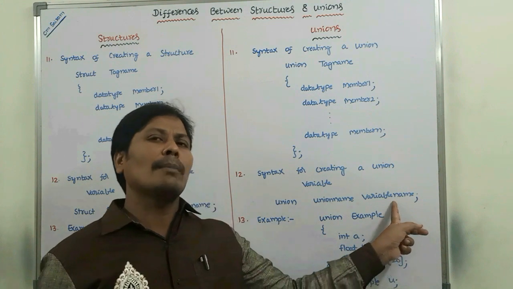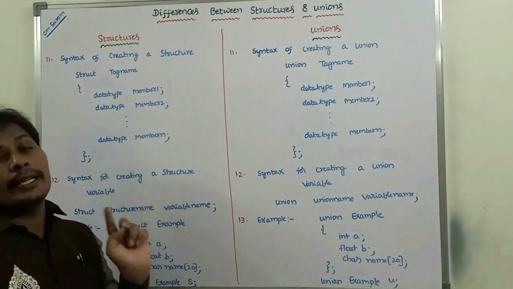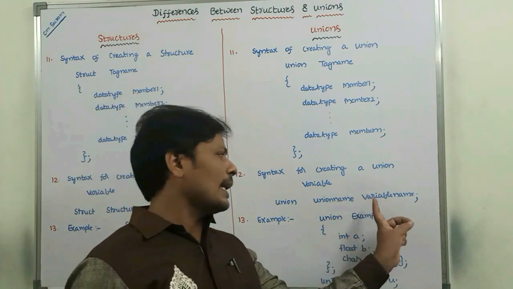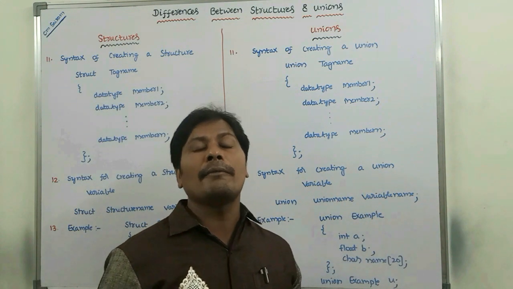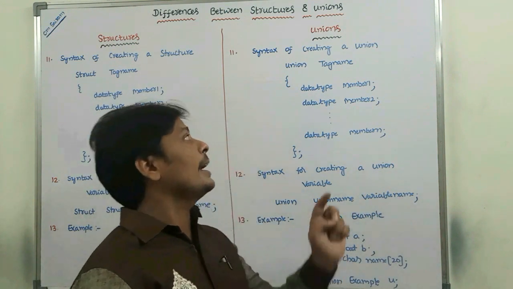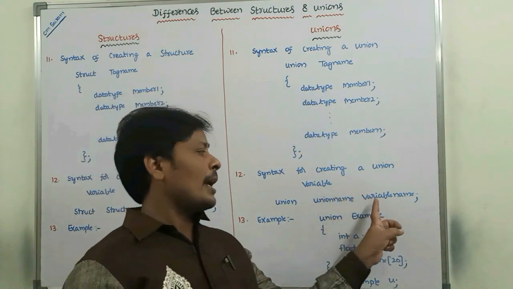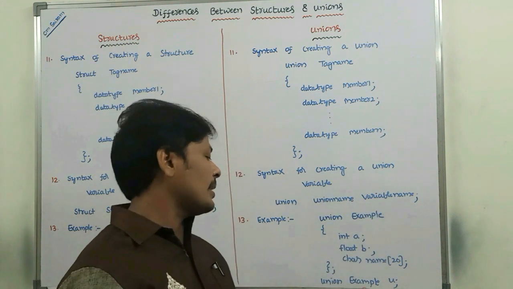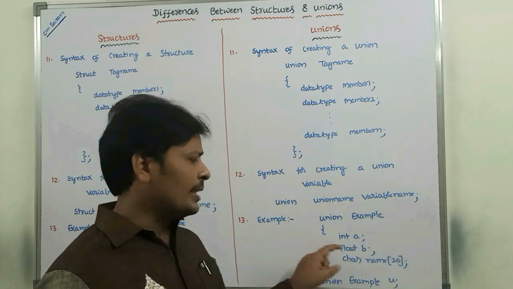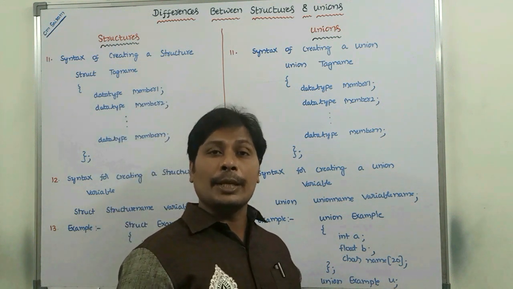Whether we are creating variables for a union or a structure, the variable names are separated by commas. Either a single variable or multiple variables can be created. Suppose we are creating a single variable, we write it this way: the union name is example, these are the data members, and we are creating a union variable u.